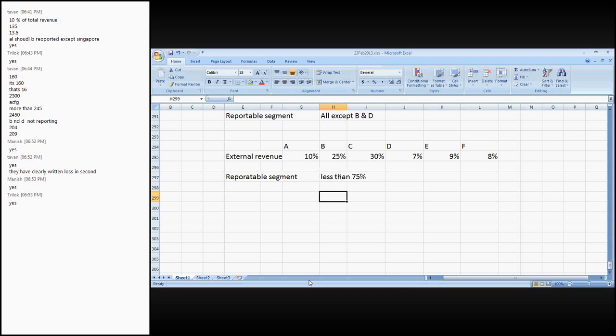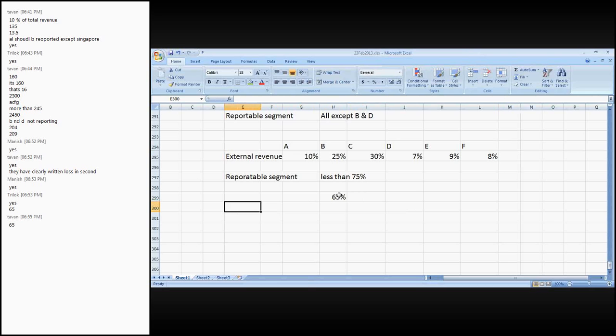Total percentage of the reportable segment? 65%. Total percentage of the total external revenue of the reported segment is 65%.